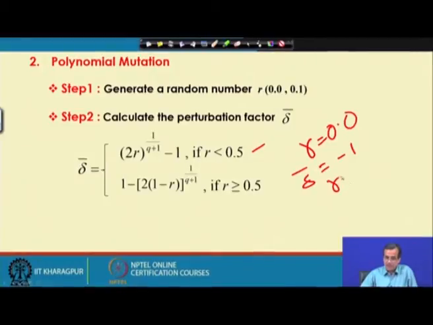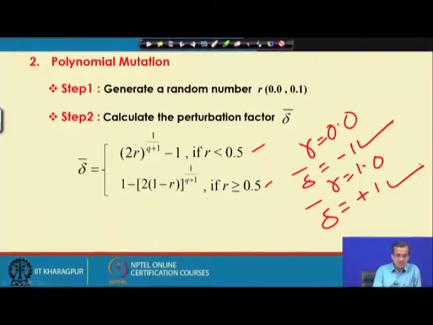And if I put r equals 1.0, in the second expression this term will become 0. So, I will get delta bar equals positive 1. So, this perturbation factor varies from minus 1 to plus 1.